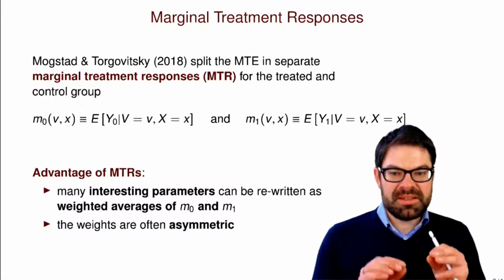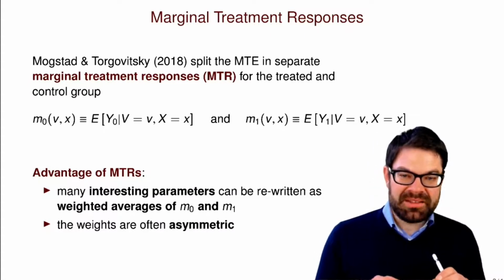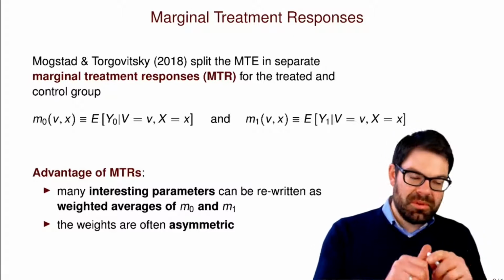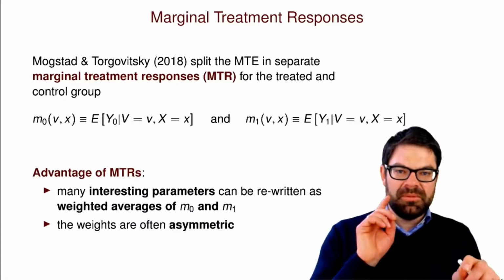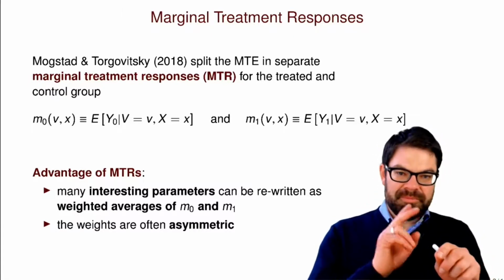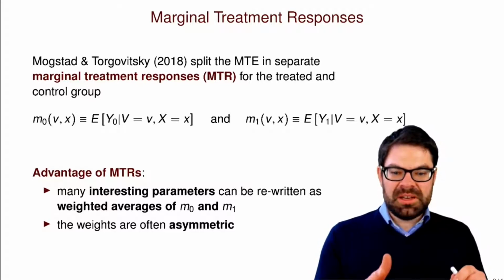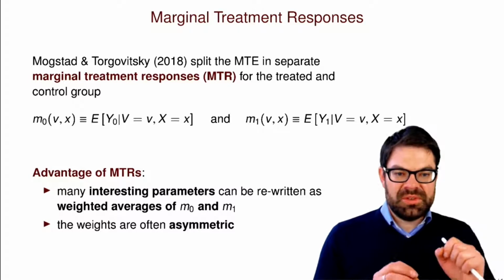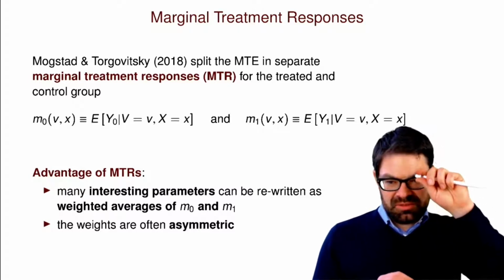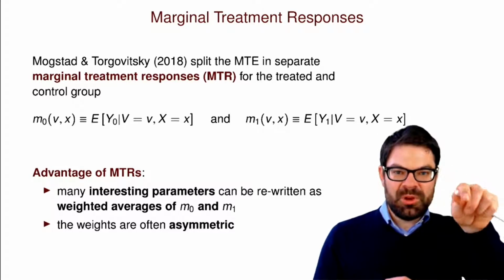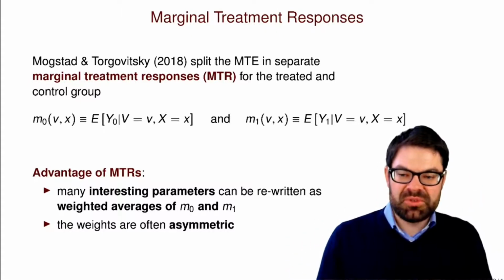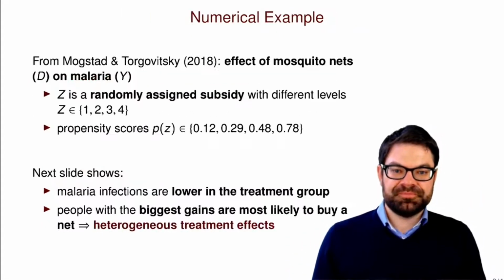And the thing is that the weights underlying these interesting parameters, so local average treatment effect, policy relevant treatment effect, average treatment effect on the treated, and so on, are often asymmetric. So the treated get a different weight in those parameters relative to the untreated.